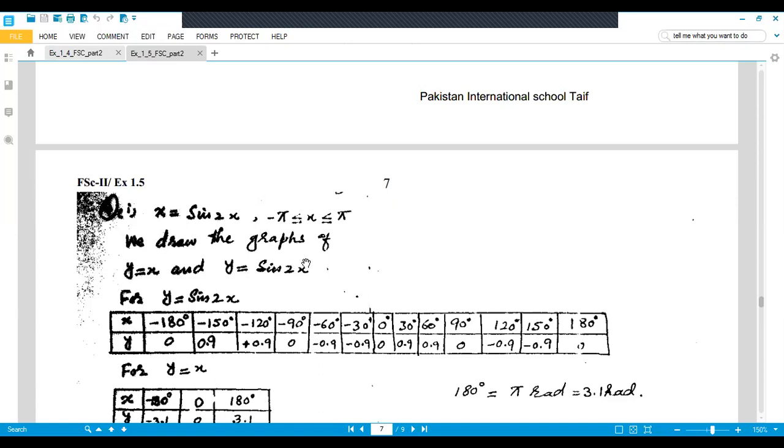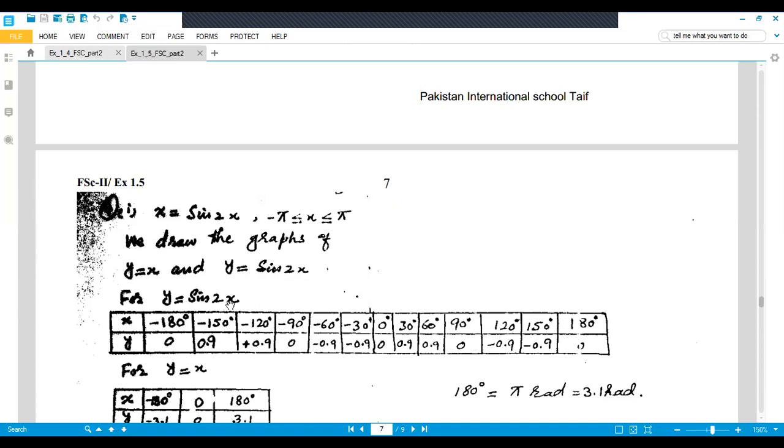We draw the graph of y is equal to x and y is equal to sine 2x. For this, first we draw the table for y is equal to sine 2x.